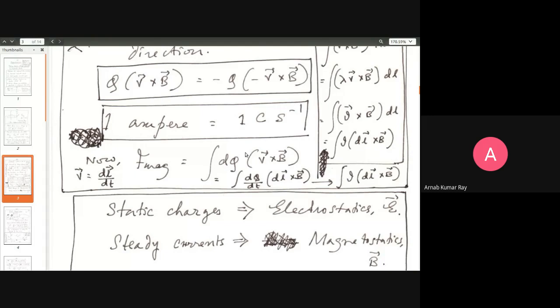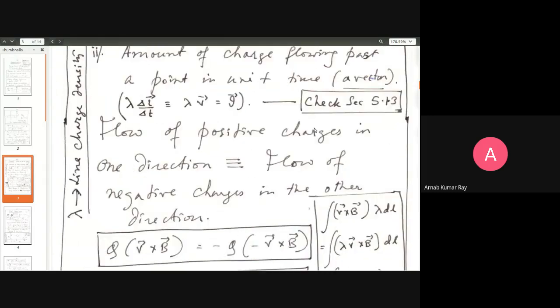So that is a little bit of mathematical discussion.